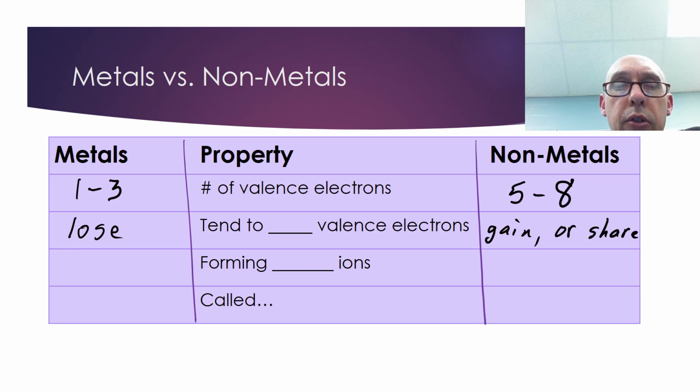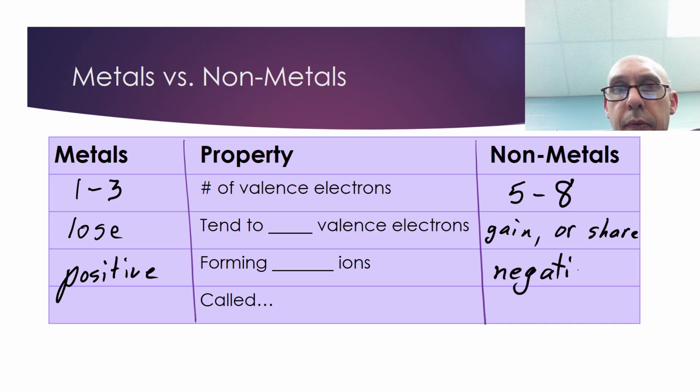And so when we're talking about the type of ions we're forming, metals are involved in forming positive ions, nonmetals forming negative ions. The names for these ions, metals which have formed positive ions, are called cations.